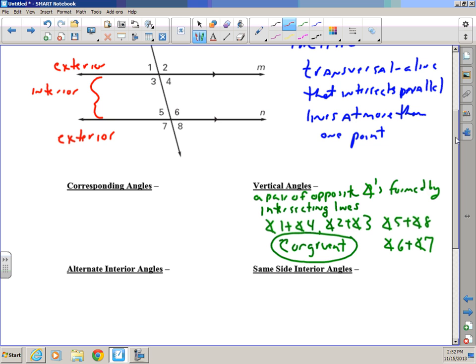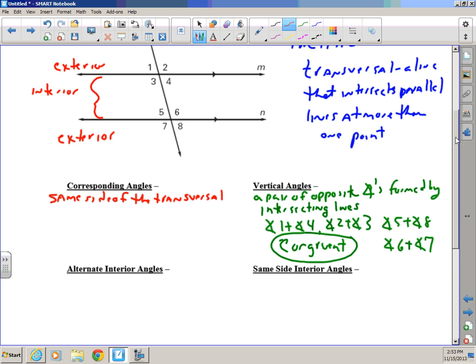Corresponding angles are same side of the transversal. What does same side of the transversal mean? 1, 3, 5, and 7 are on the same side as our 2, 4, 6, 8. That's all that means.